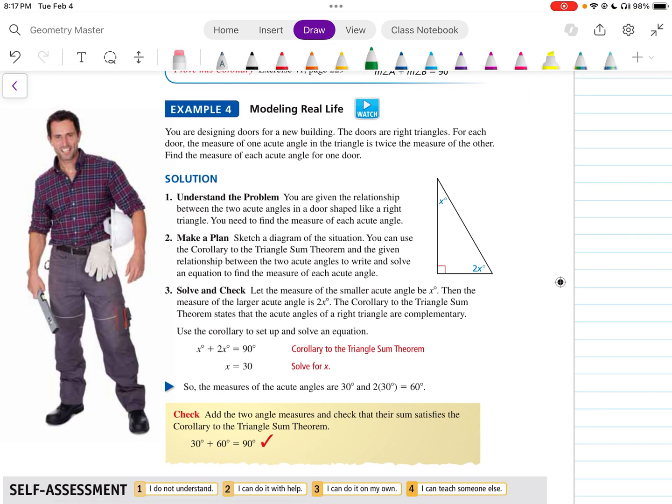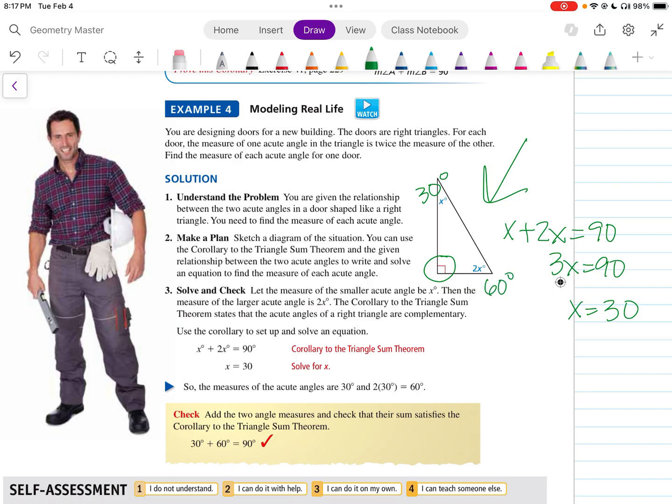So in an example like example 4, if we know this is 90, and we know the sum of all the angles in a triangle is 180, then we know here that x plus 2x must also equal 90 degrees. 3x equals 90, x equals 30. So this one is 30 degrees. 2 times 30 is 60 degrees.